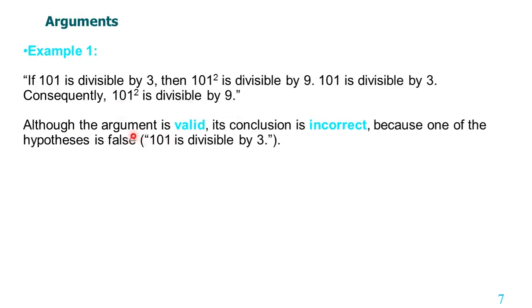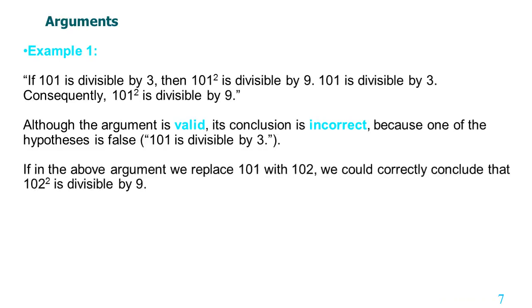Although the argument is valid, its conclusion is incorrect because one of the hypotheses is false. Since 101 is not divisible by 3, it is a false hypothesis. If in the above argument we replace 101 with 102, we could correctly conclude that 102 squared is divisible by 9.